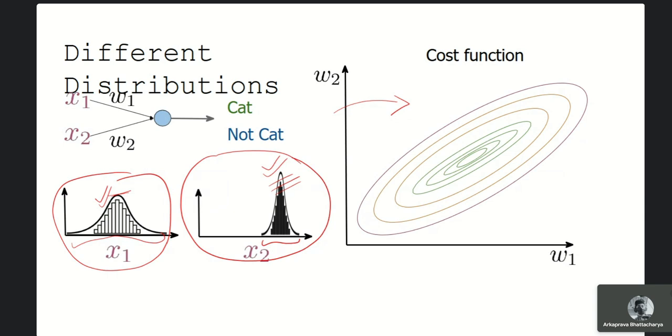So if you can see, this graph is a little bit elongated. Elongated means that the changes in the cost function are not very smooth, and this causes the training to be slow. So the distributions of these input features actually affect how our neural network learns.